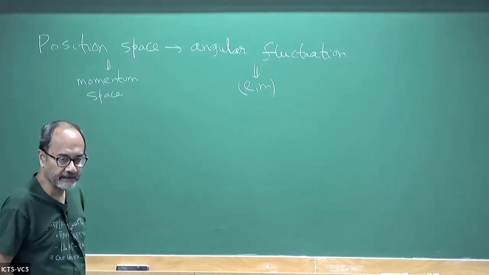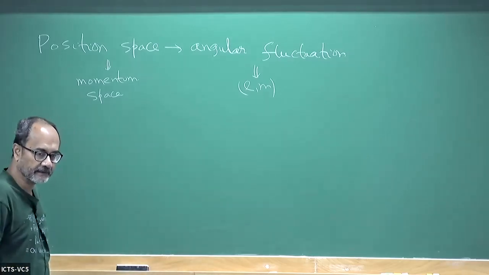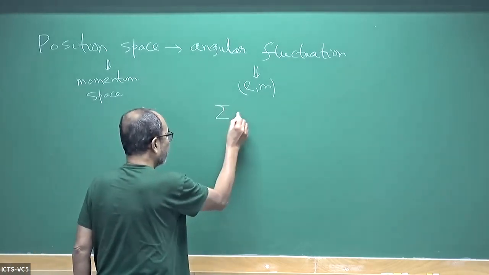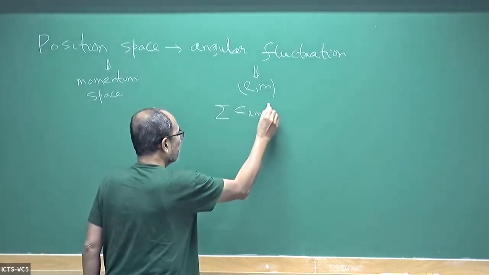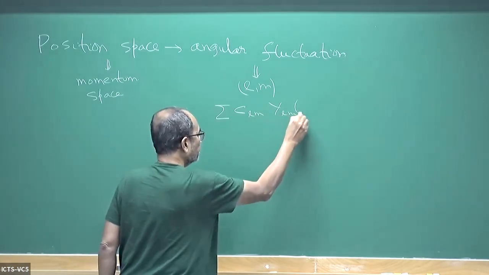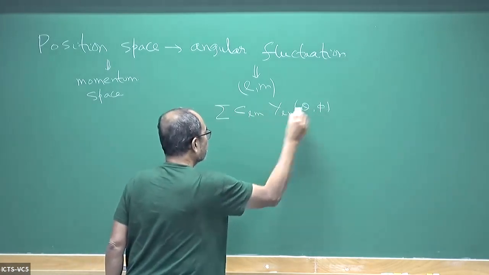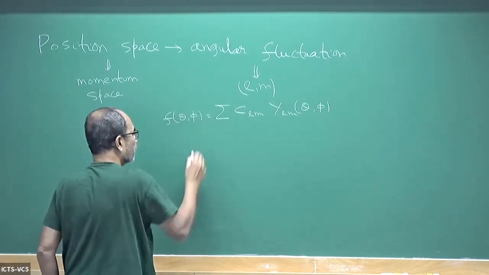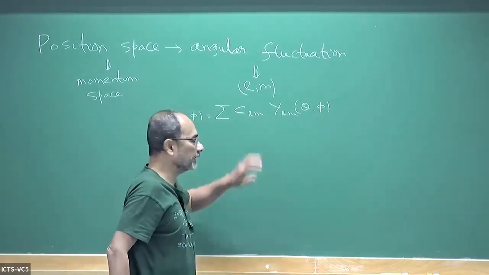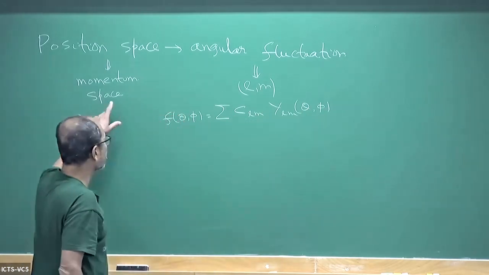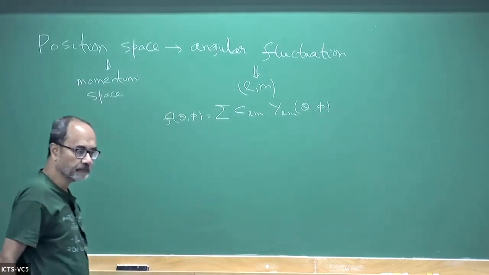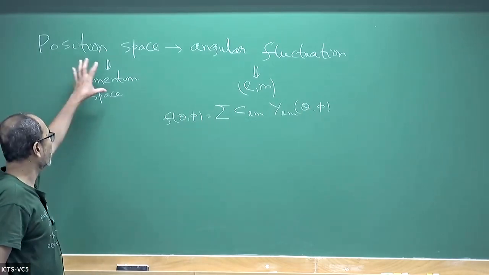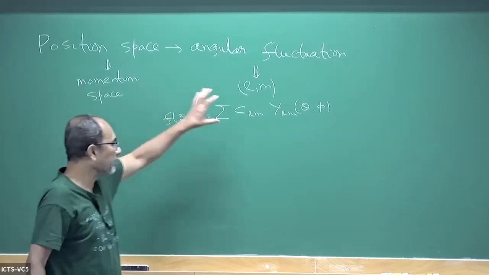Because you can choose a basis of functions of theta and phi, and any function of theta and phi can be decomposed in this way. So this is the analog of momentum space for angles. And you want to know how to convert from the momentum space fluctuation to the lm fluctuation.